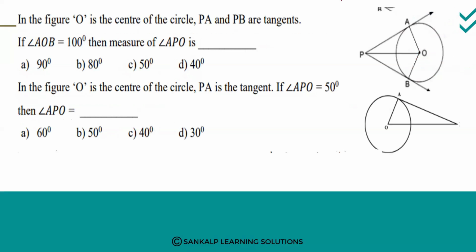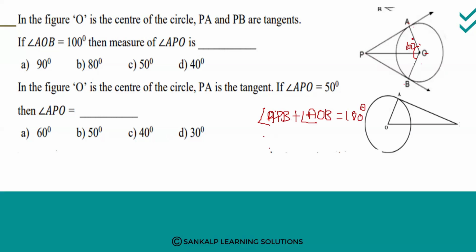In the figure, O is the center of the circle. PA and PB are tangents. So this we also did, right? AOB is 100 degrees. Then they have asked APO. The angle between the tangents plus the angle between the radii is 180 degrees, that is APB plus AOB is equal to 180 degrees.